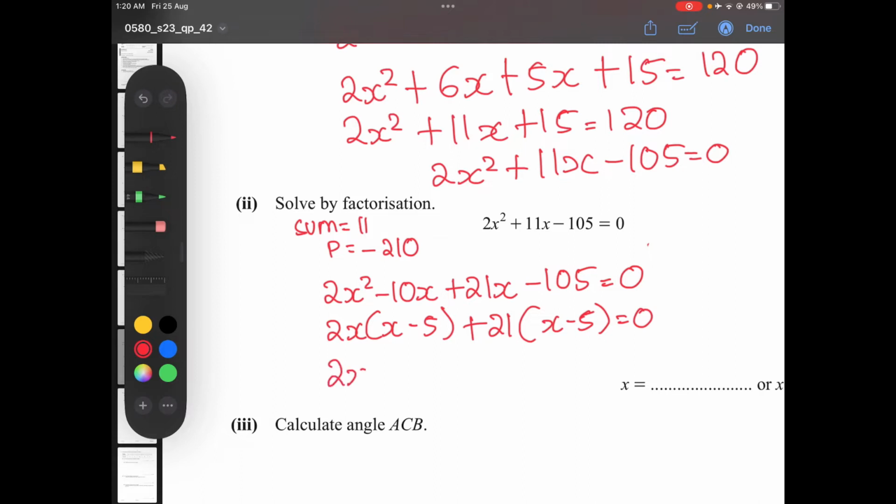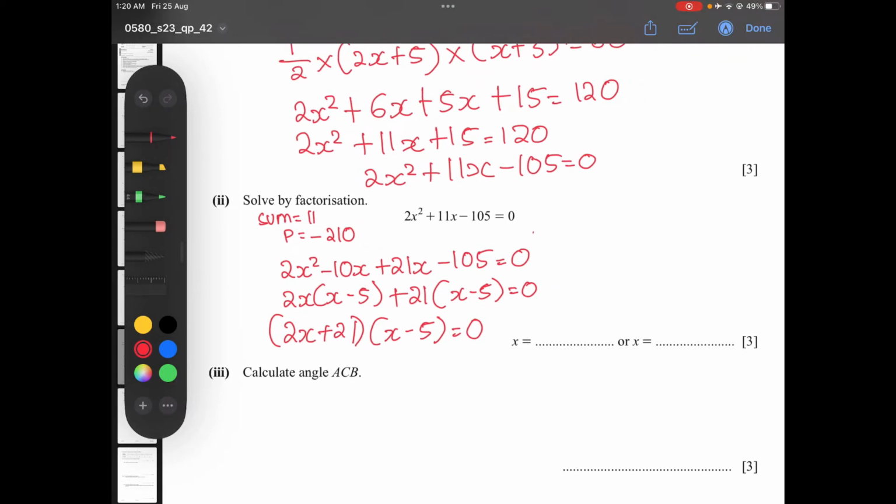So (2x plus 21)(x minus 5) is 0. So x can either be 5 or else 2x plus 21 is 0. So 2x is negative 21 and x is negative 21 divided by 2, negative 10.5.